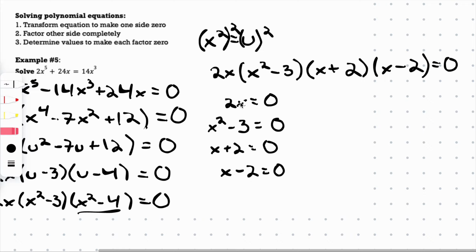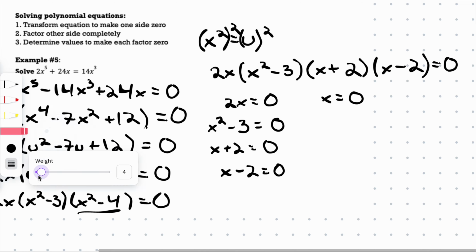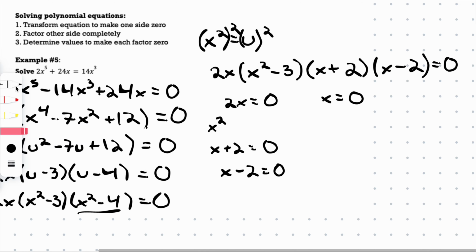This is going to give us, well, if we divide by 2, it does not really matter. We just get x equals 0 for this first one. And we move this 3 over. And I'll say x squared equals 3. So x is going to equal plus or minus, remember that plus or minus, root 3.